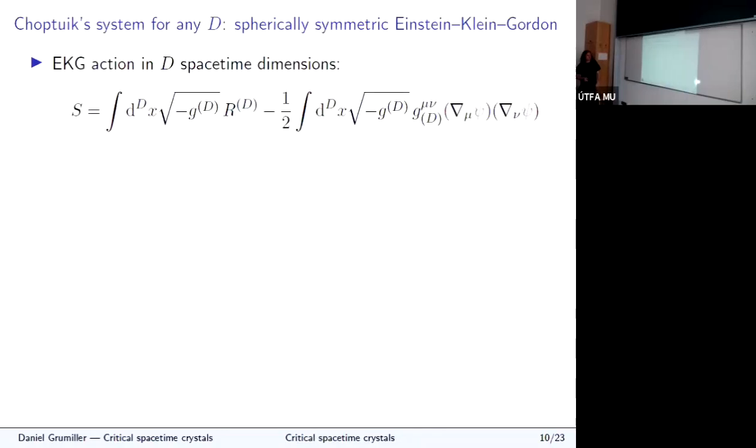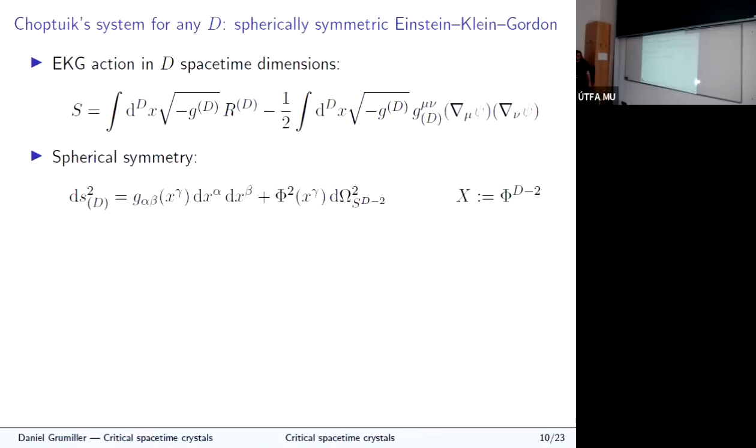This is the model that we are considering, the Einstein-Klein-Gordon model in d spacetime dimensions, with scalar field φ and with some d-dimensional metric that is spherically symmetric. Because of spherical symmetry, we can effectively reduce this to a two-dimensional dilaton gravity model with a two-dimensional metric and some dilaton field that is essentially the areal radius of these d-2 spheres.